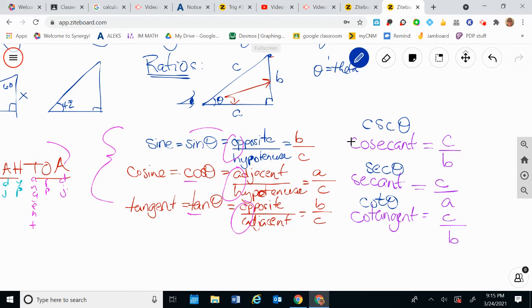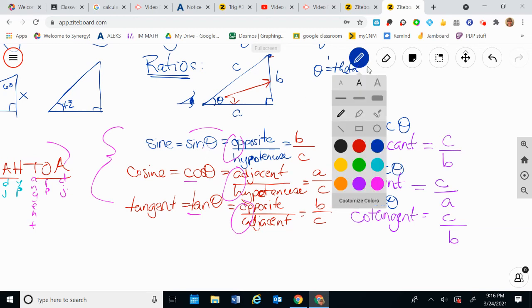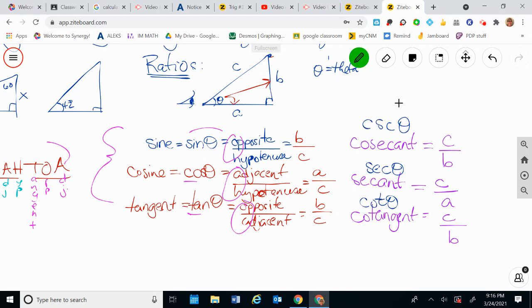What you need to know is that they are inverses of each other. What that means is that if you take sine and multiply by cosecant, you're going to get 1. See how B over C times C over B would equal 1. For today, all I want you to do is try to memorize these names. It's counterintuitive.